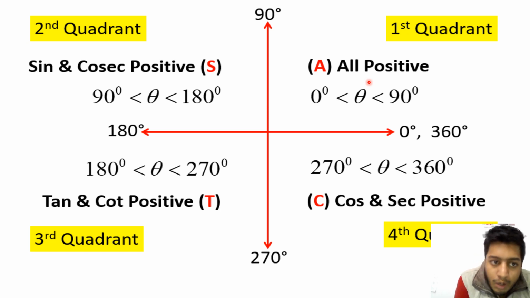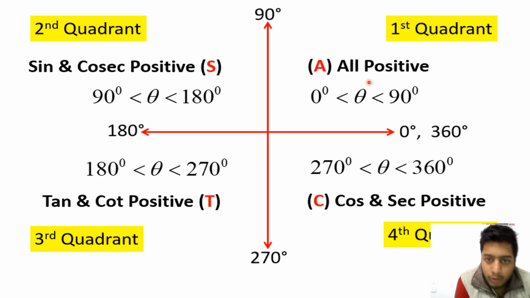Now coming to the second quadrant, here only sine and cosecant are positive. The area of this quadrant stretches from 90 degrees to 180 degrees.